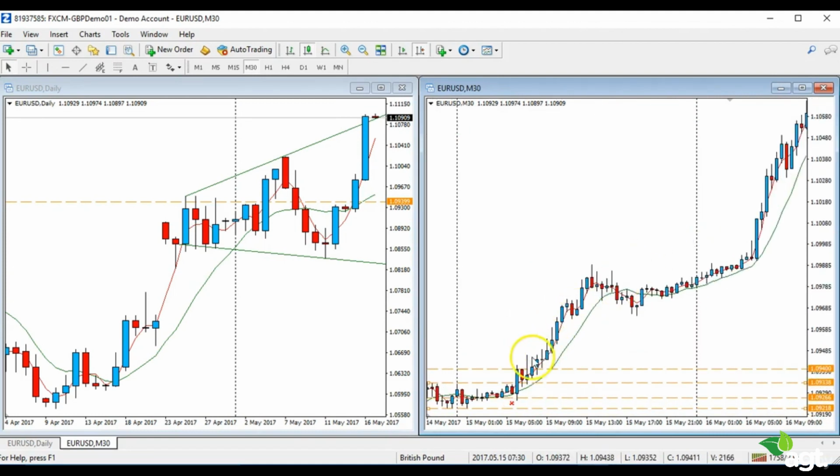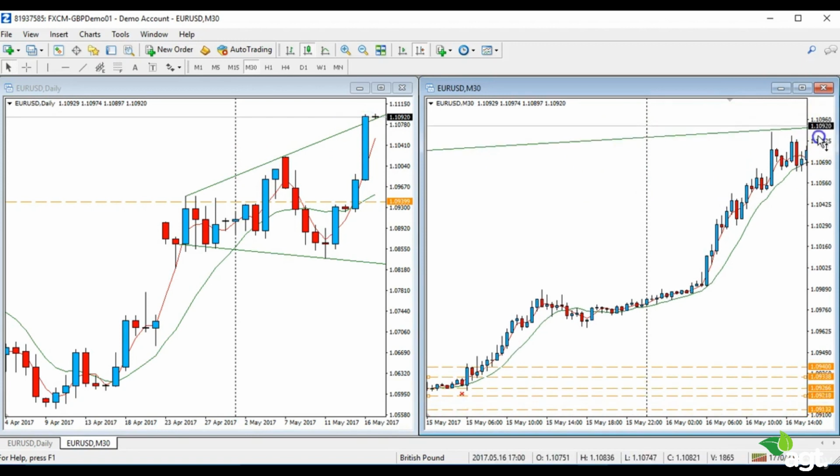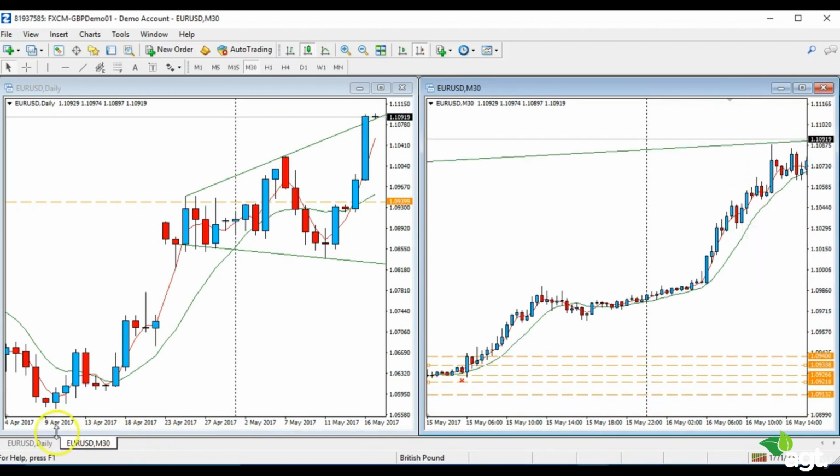Or what we can do is, when price moves away from us, we can move our stop loss to break even. So we move our stop loss up to the entry, okay, and then we wait for price to move towards this area here and we take our profits then, which is what I would recommend.